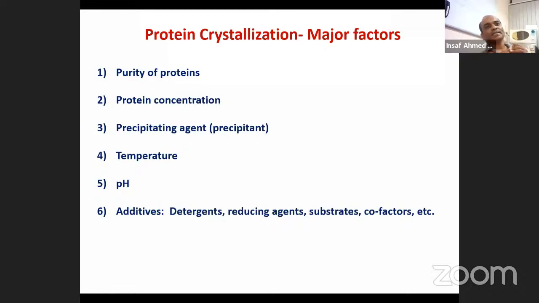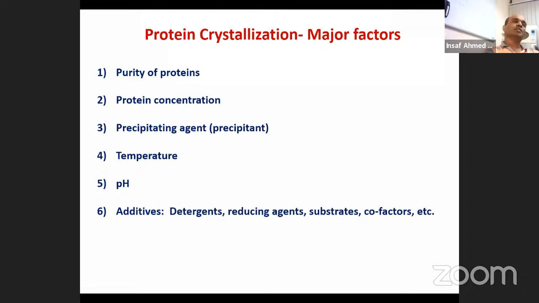Next thing is the pH. What is the role of the pH? If you remember, when we were performing the probe palm, at that time I told you what will be the buffer for this protein. If you remember the chickpea lectin, the pI is around 5. So what will be the buffer for this protein?